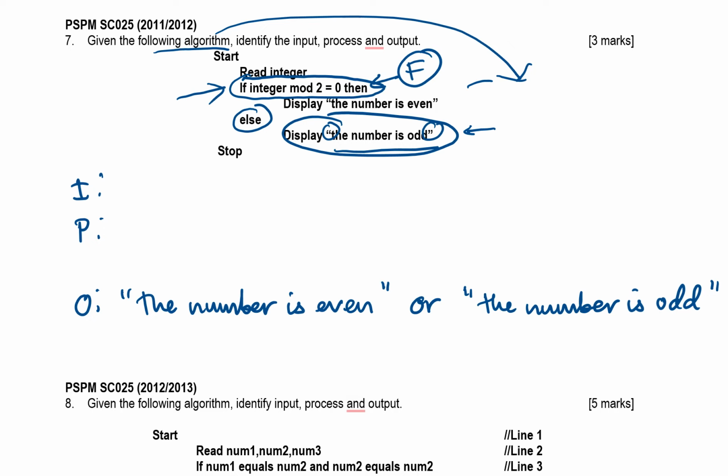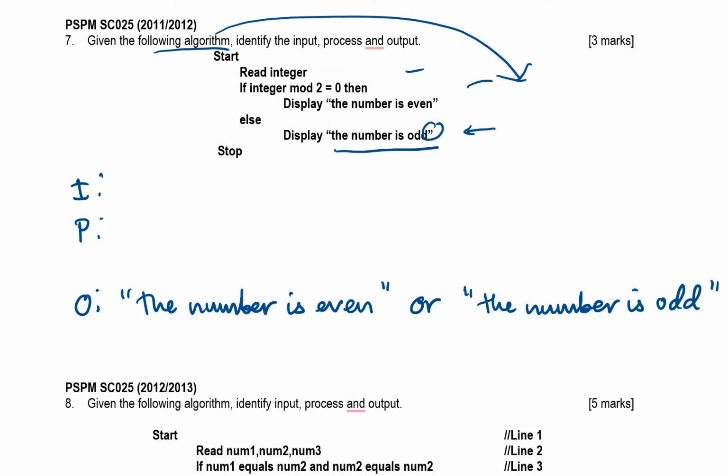That's why this is a selection control structure, it depends on the user. If the user enters, for example, an integer mod 2 equal to 0, then it is true, then it will display the number is even. It has choices.